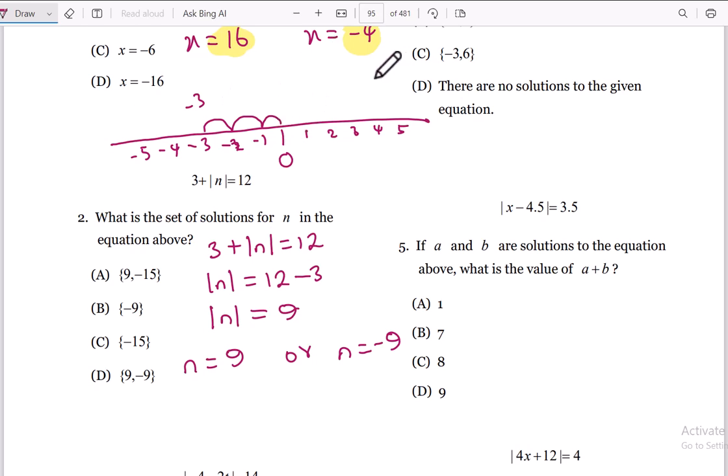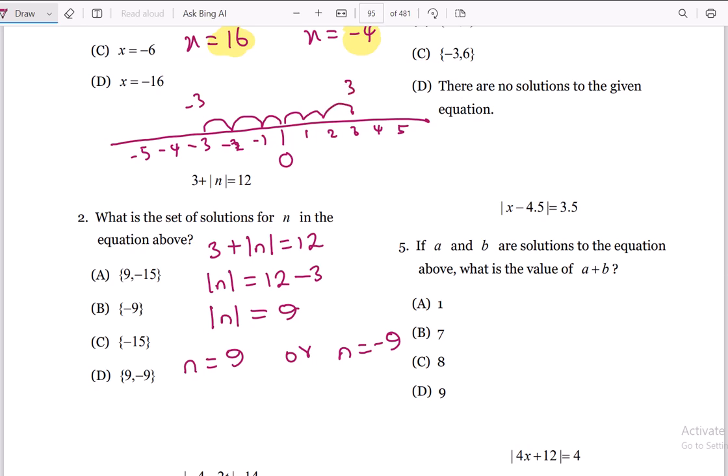If I go 3 units towards the right, what will I have? 1, 2, 3, and this is 3. So I'm going 3 units, but at this point I had negative, and at this point I had positive. This is why in the absolute value function you can have two possible things, but the absolute value function does not give you anything negative. It's more like a distance. You cannot have a negative distance.